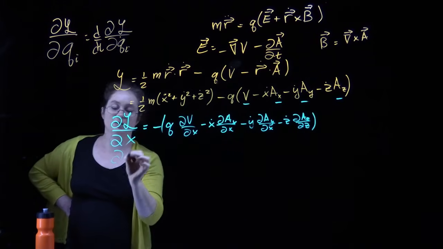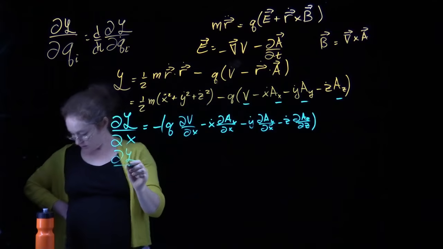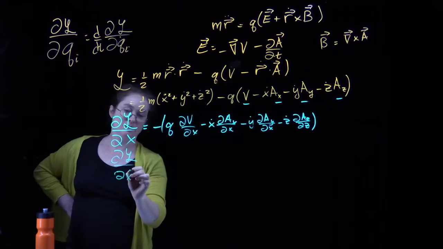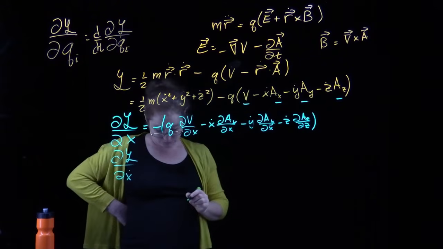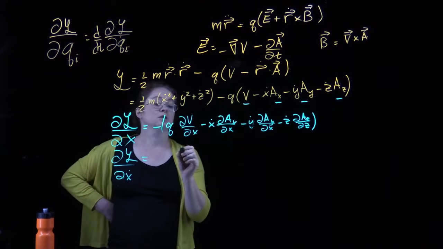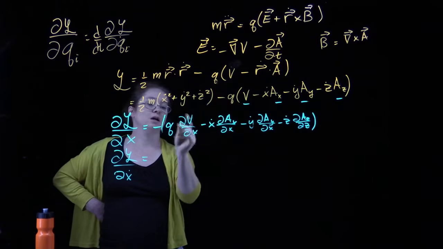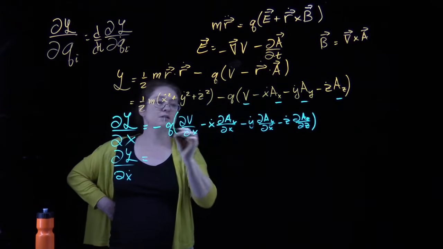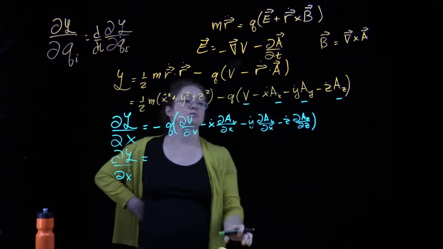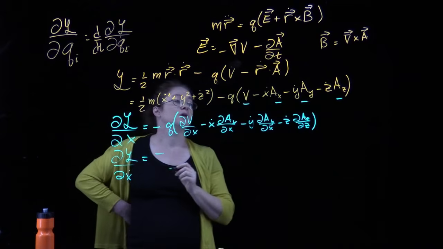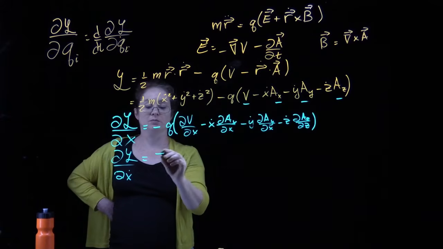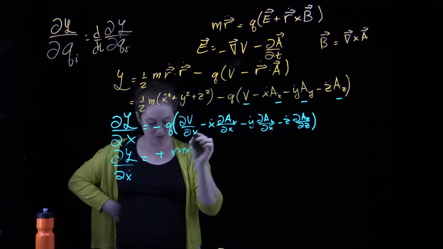And then we can take partial L, partial x dot, equals, I put the parentheses here. And now here we have m x double dot.